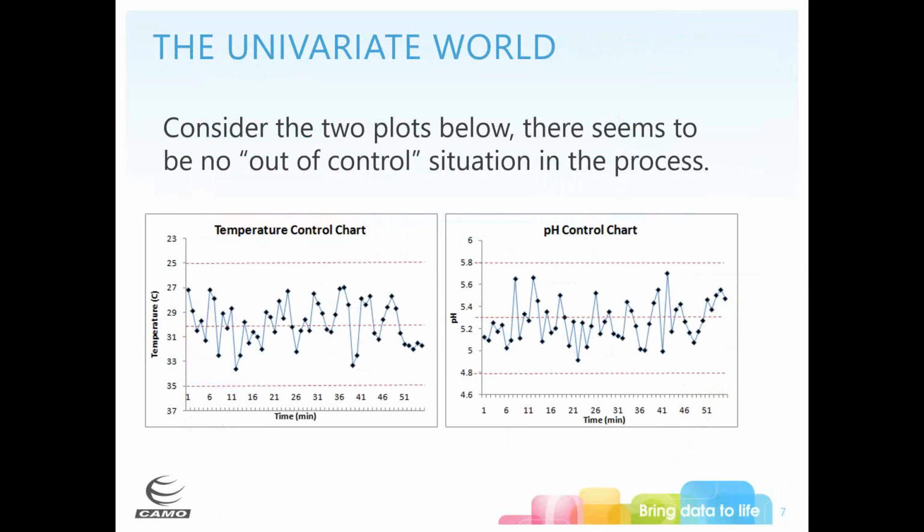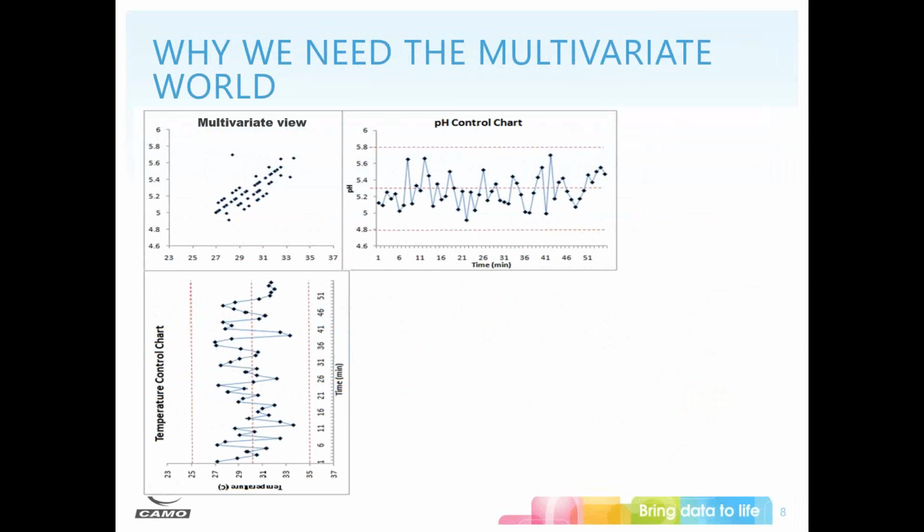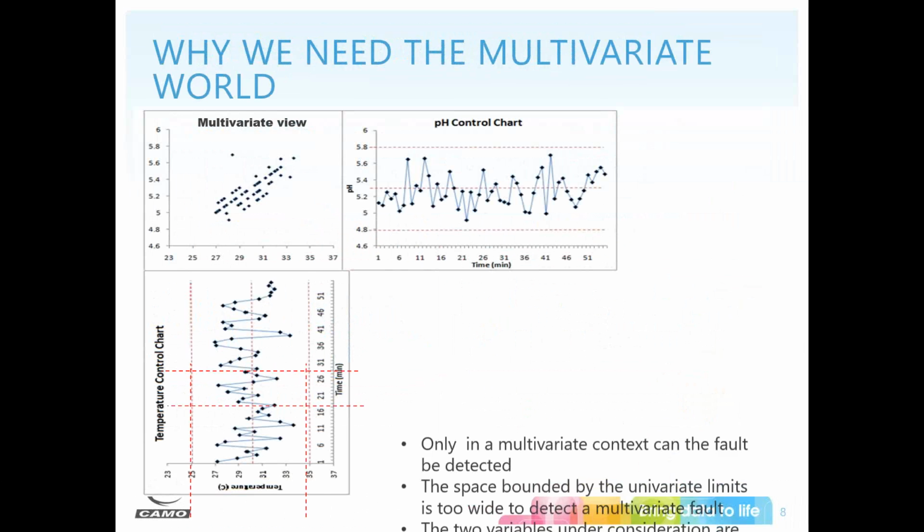So we take a look at this and it seems like everything is behaving as normal, but say we get some sort of output at the end and our product isn't coming out the way we expect it to. When you try to do your root cause analysis, when you look at your univariate situation, it seems that nothing is wrong. However, if we look at temperature versus pH in our multivariate view, we can see that there is clearly an outlier sample here.